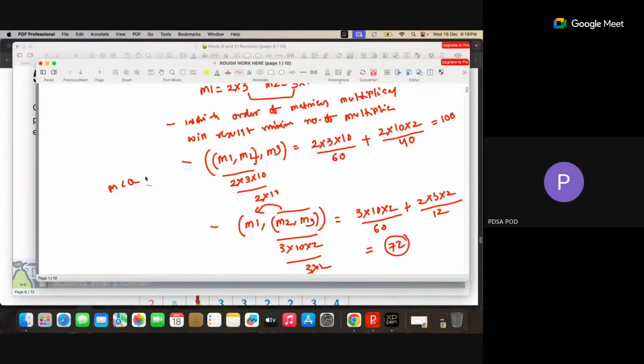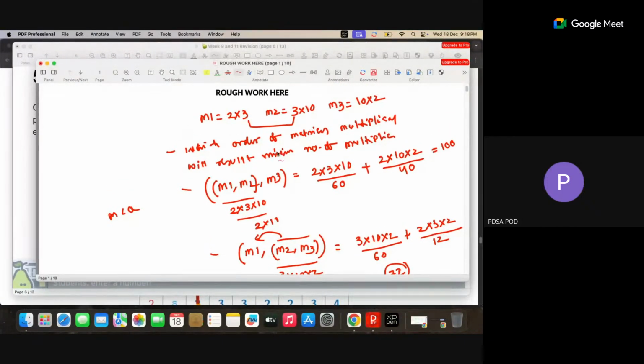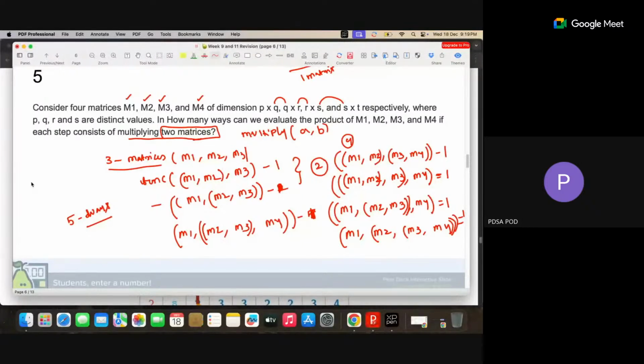Possibly we don't give more than 3 matrices, and only simple, smaller sizes like 2 into 3 or 3 into 5, with sufficient time to find out. We don't ask 4 or 5 matrices for the minimum number of multiplications. Hope you got it.